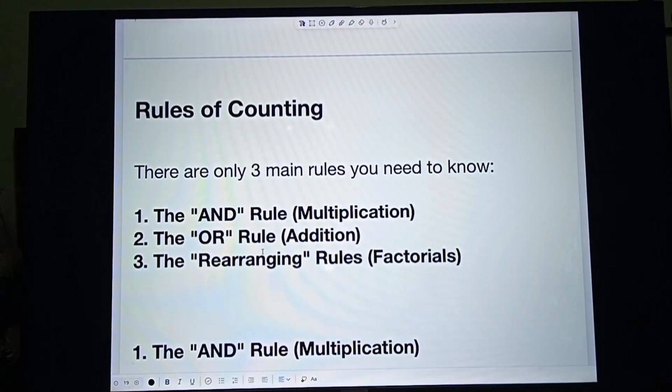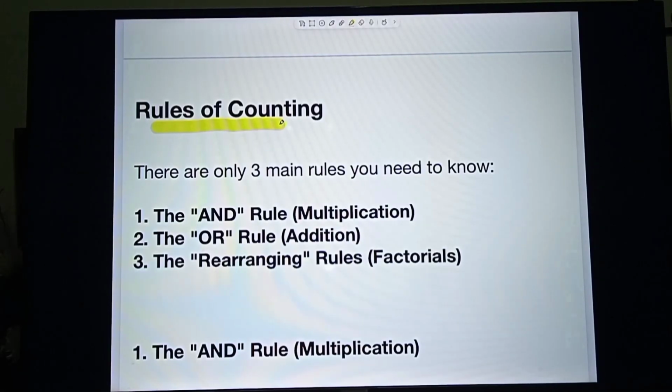Today we begin a very important topic called rules of counting. Whenever we want to know how many possible outcomes, choices, or arrangements exist, we use counting rules.